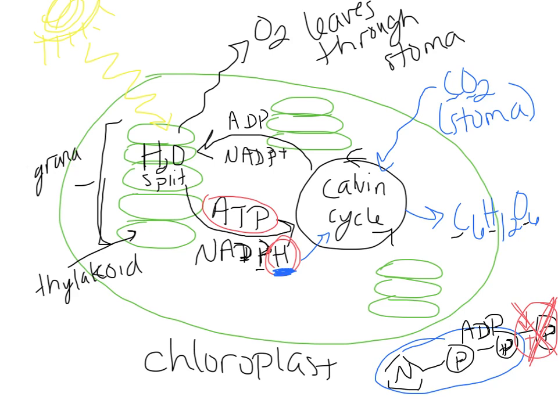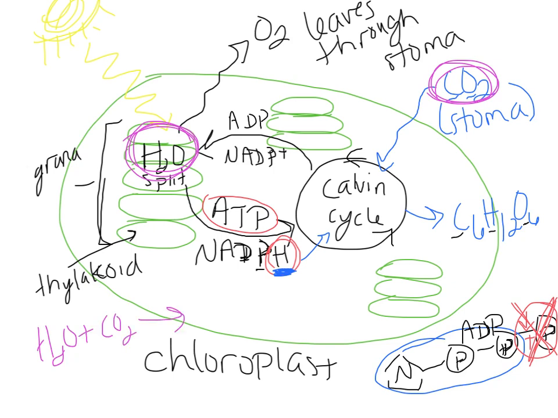So again, that's why it's not a reactant or product, because it is recycled. So our end situation here with photosynthesis is that I have my reactants, which is my water and my carbon dioxide that went in, right?